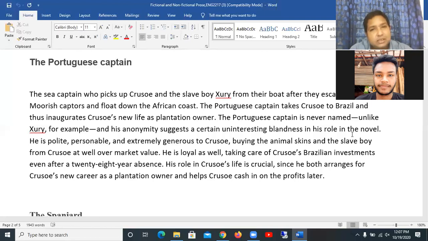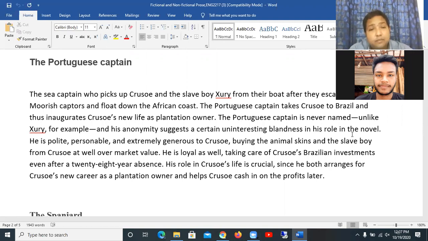Who is that friend? The Portuguese captain was there to help him. And the Portuguese captain handed over all the profit of the plantation to Crusoe. So we see the Portuguese captain as a very trusted, trustworthy friend, which is rare. A rare, trustworthy friend we see in the character of the Portuguese captain.